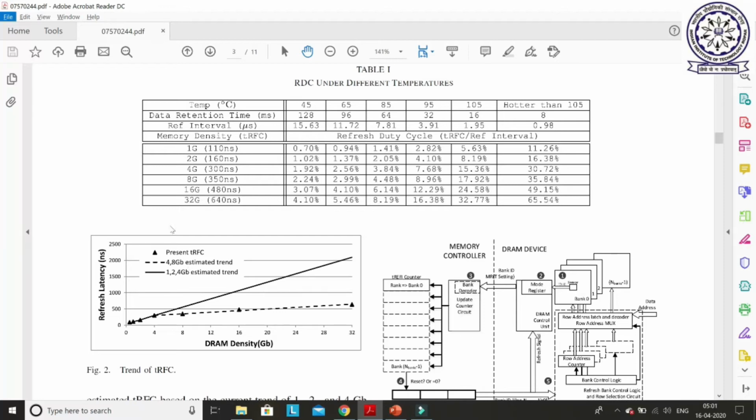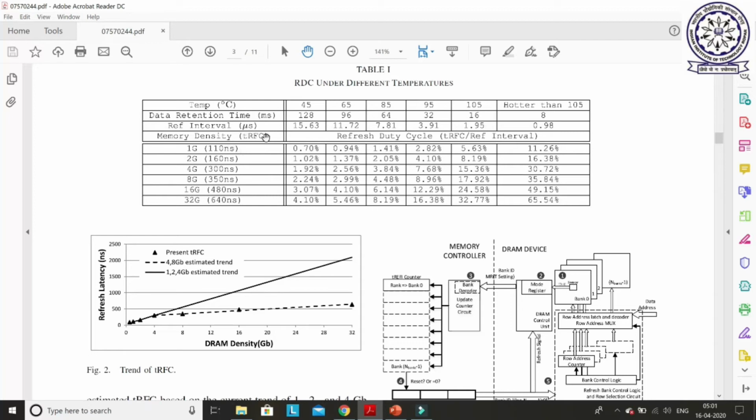This graph I have explained many times, and I think you will easily understand what it is saying. This graph is saying that the refresh latency, or this TRFC time, is gradually increasing. So one more important point: be sure that you know all these things.